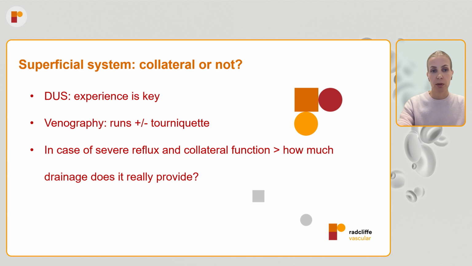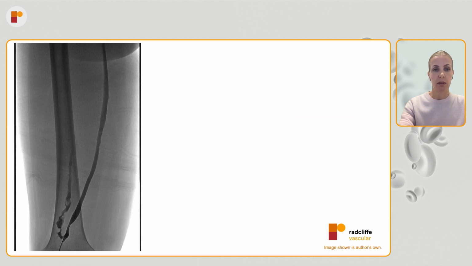So what you could also do is do a venography with several runs, and you could use a tourniquet and try to close off the GSV and see what happens. In case there is severe reflux, but it's also a collateral, then the question is, how much drainage does this GSV really provide? So is it really helping the outflow or not? So here you can see an example.